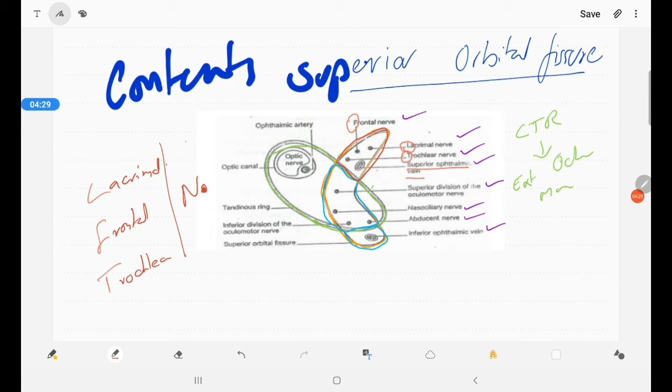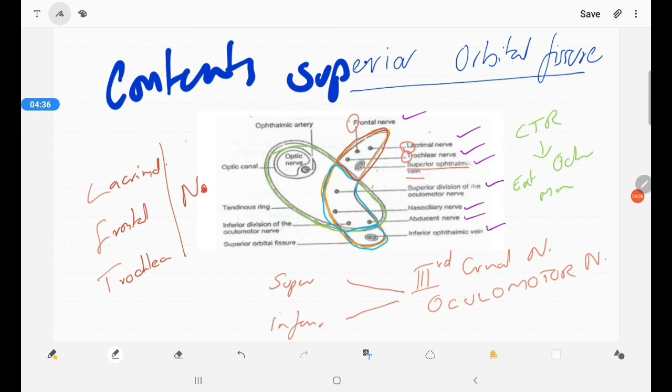Now the next thing is we have the third cranial nerve. If you can recollect from your MBBS time, it is called the oculomotor nerve. Now this oculomotor nerve has a superior division and an inferior division.